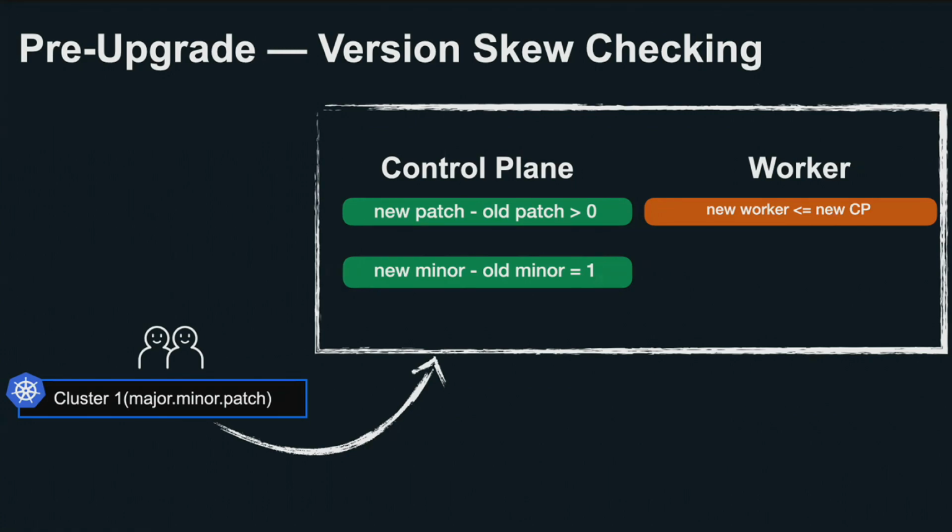The second one is that the new version the worker node wants to go to isn't greater than the current version of the control plane. They are all mandatory rules. If the new version doesn't satisfy those conditions, the upgrade process should be stopped.